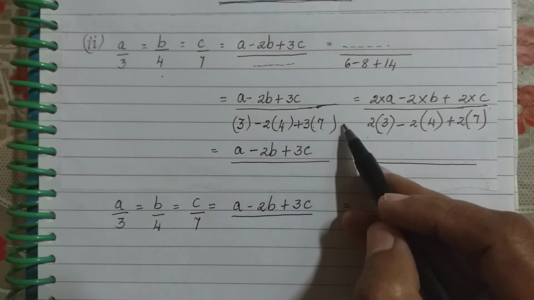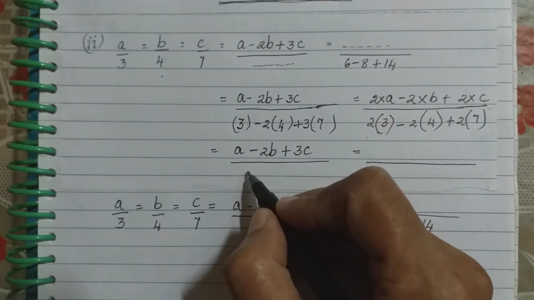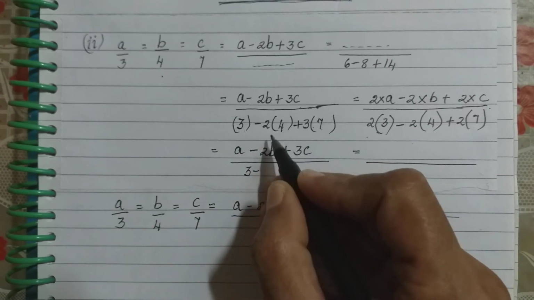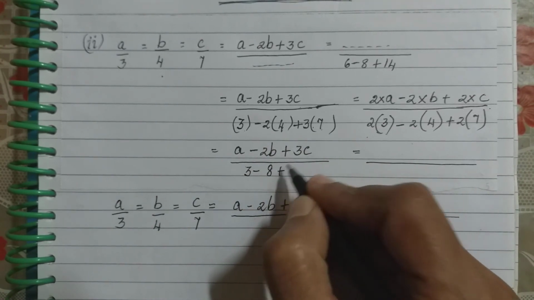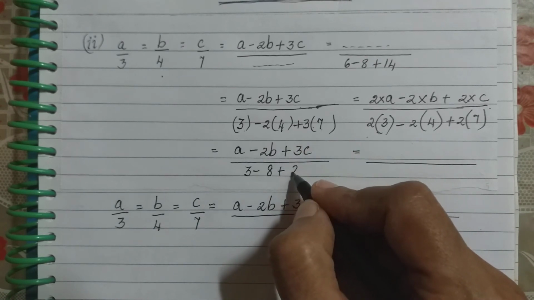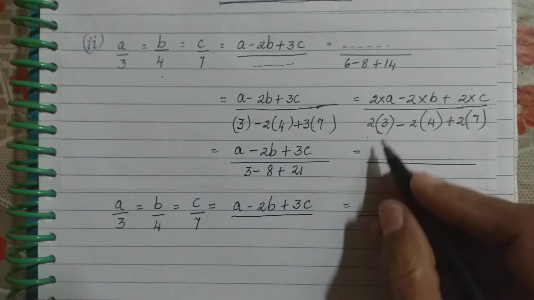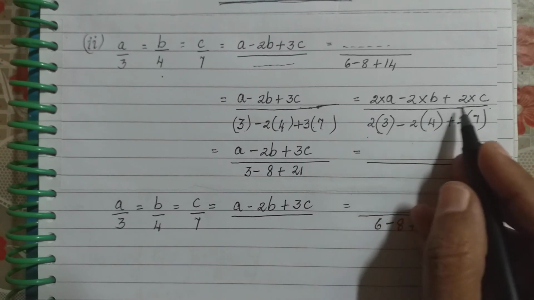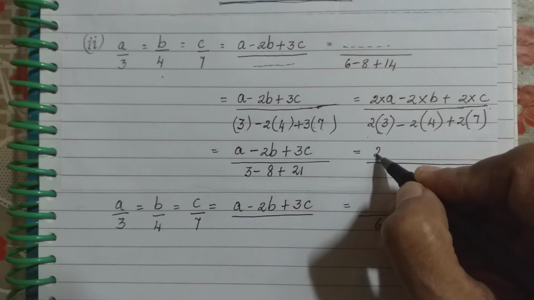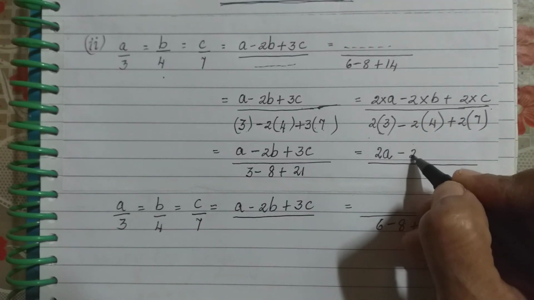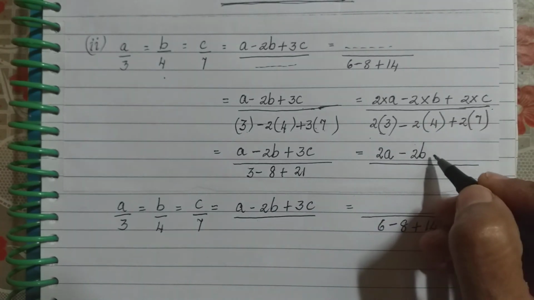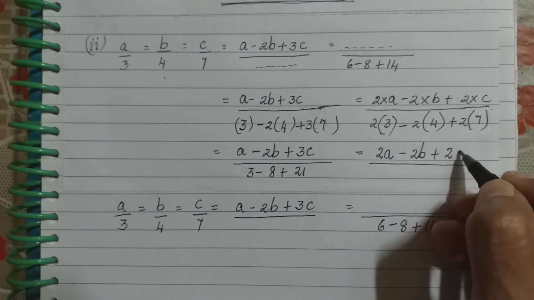Let us simplify this further. 3 minus 2 into 4 is 8 plus 3 into 7 is 21 is equal to this one. Now I directly write it as 2 into A is 2A, 2 into B is 2B, 2 into C is 2C.